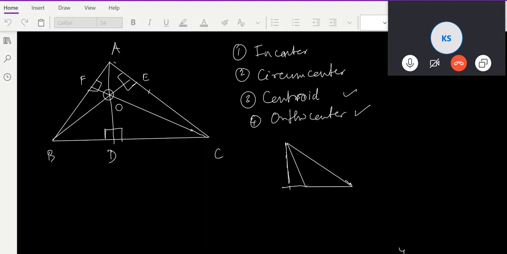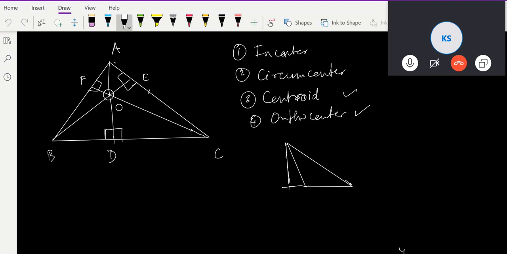Correct? Yes, sir. And the third one would be something like this. So orthocenter can lie inside or outside.